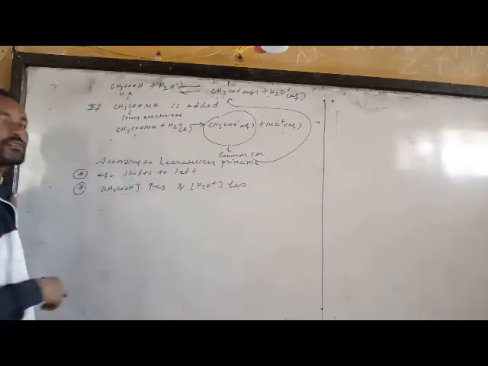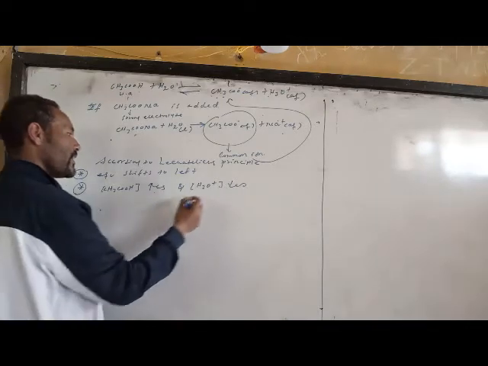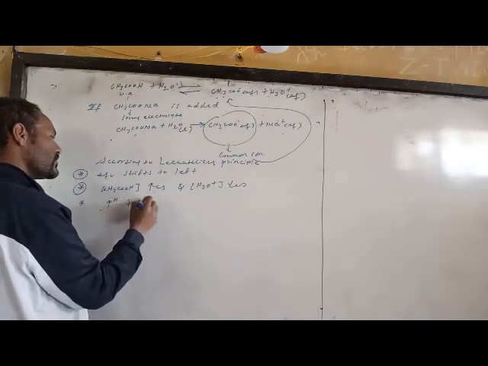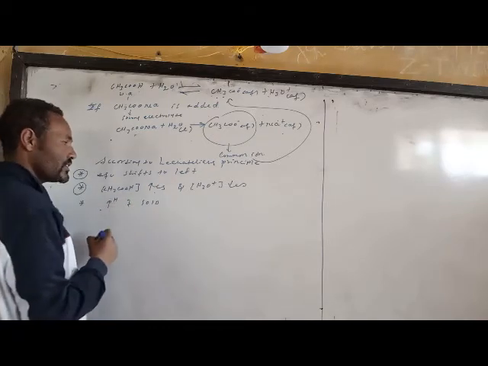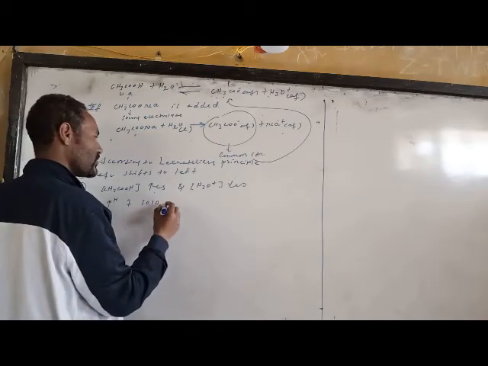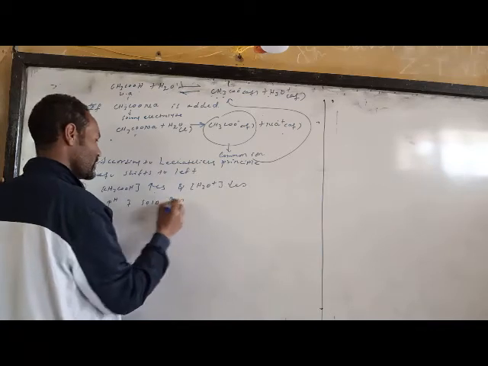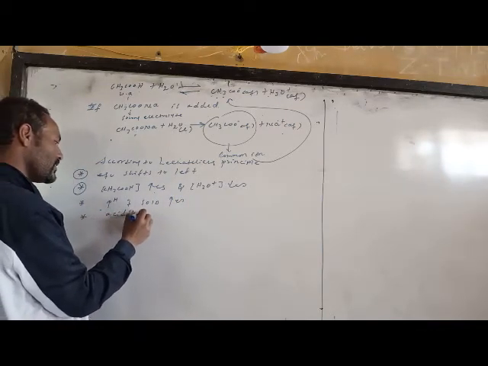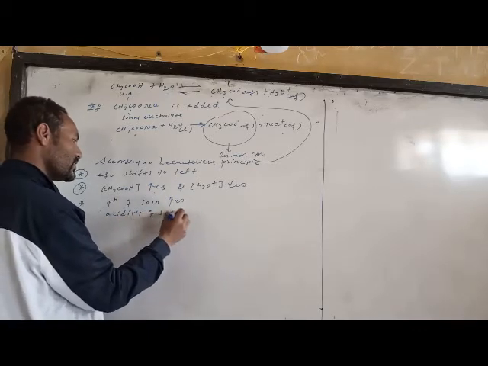So the decrease in the hydronium ion in turn causes the pH of the original solution to increase. This implies that the acidity of the solution decreases.